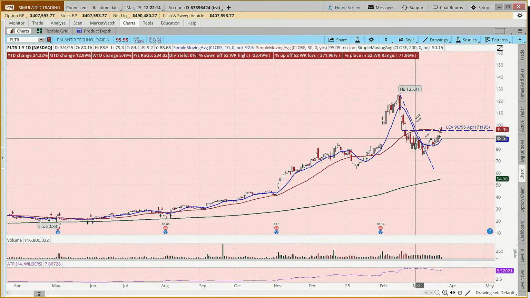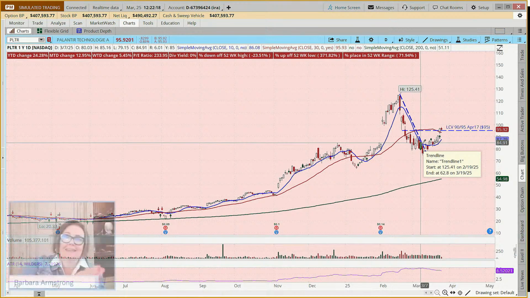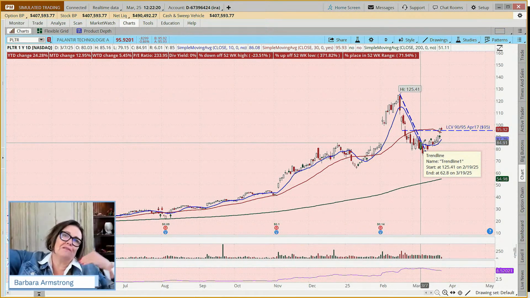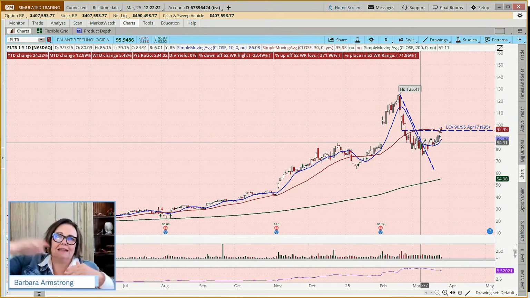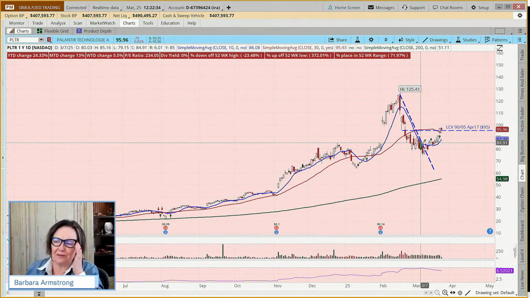So, you have to keep in mind that you don't have to get the entire run from the first day of possibility to the last day it continues to uptrend before it starts to fall. If you get that middle 50 or 60% or even 30% sometimes, you can do quite nicely.